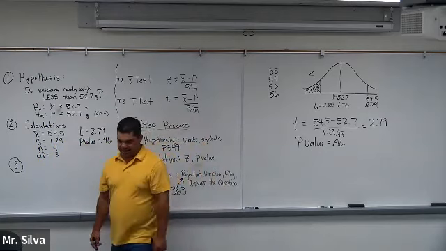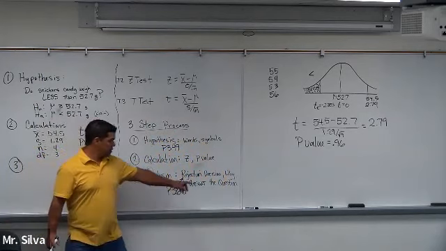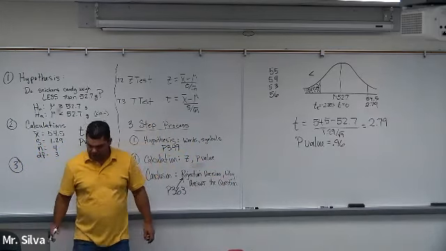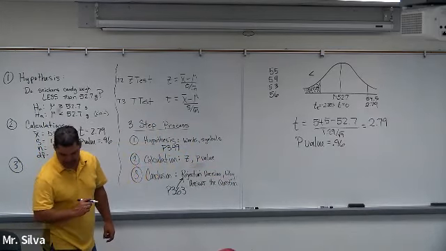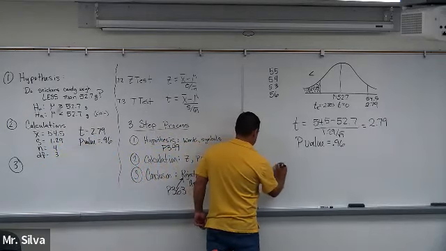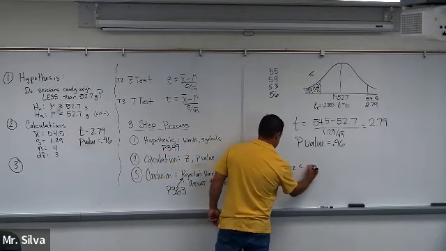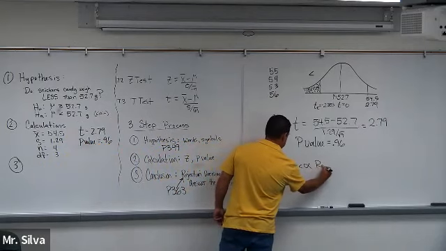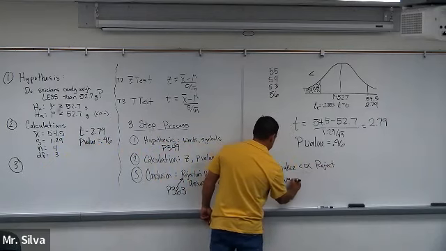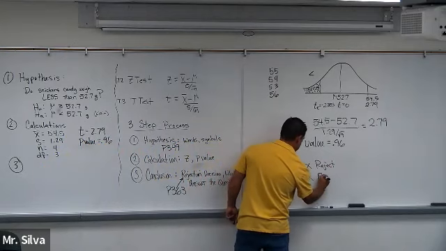And what's it say at the top? Decision rule. Why do you reject or fail to reject? If your p-value is less than alpha, reject. If the p-value is greater than alpha, fail to reject.